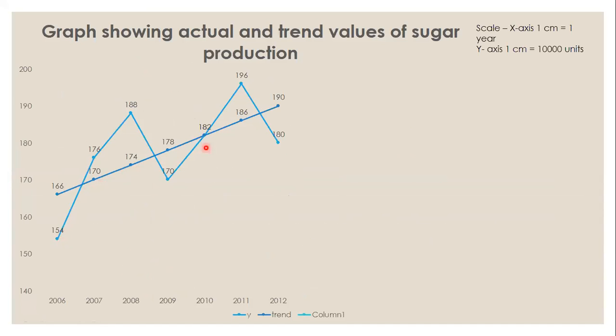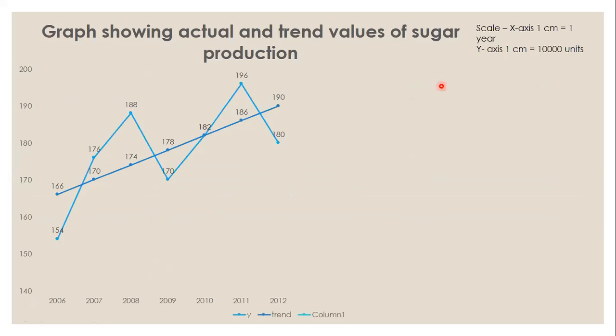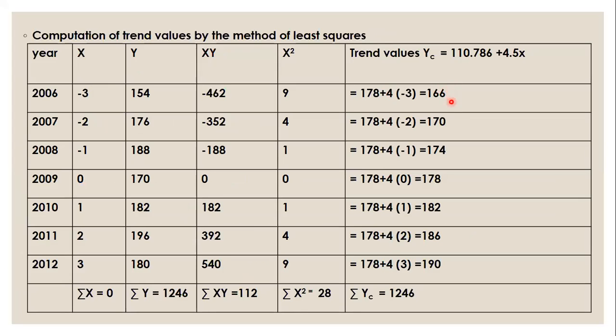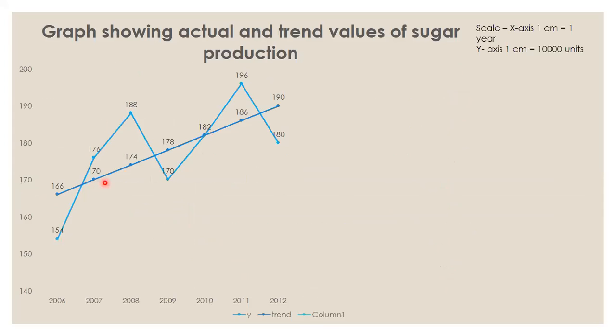And the dark blue one are the trend values: 166, 170, 174, 178, 182, 186. If you see here, they start from the small number and go on to the bigger number. They are in ascending order. Now if you see this trend, it is in upward direction from 166 till 190.